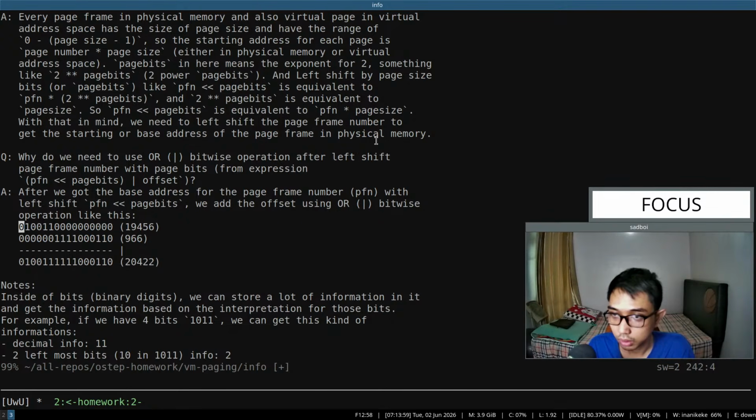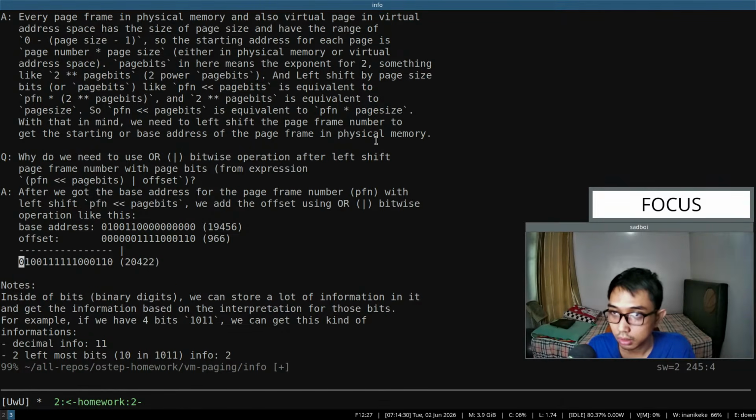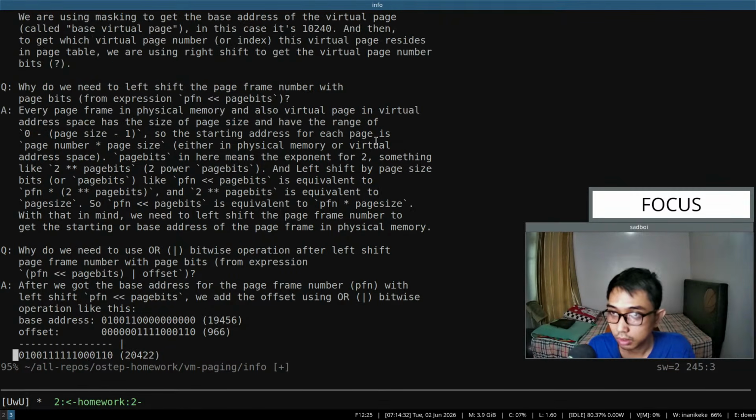Wait, let me add this as the base address, maybe something like that. This one is offset and this one is, what is it? The physical address, maybe something like that.